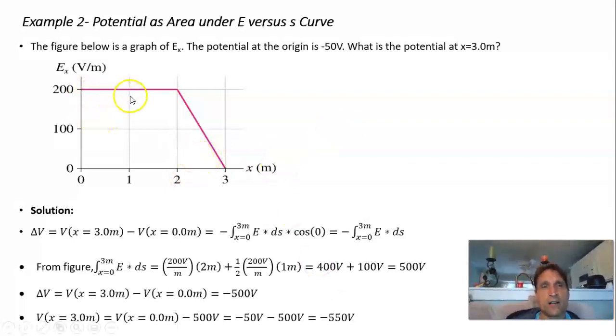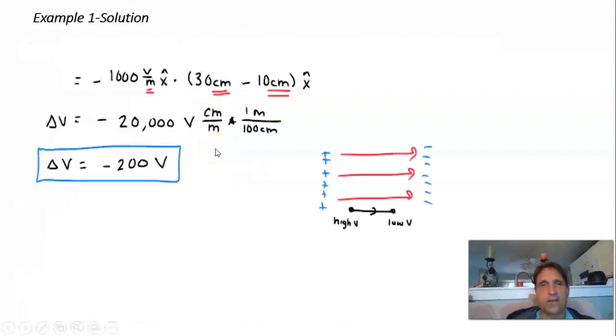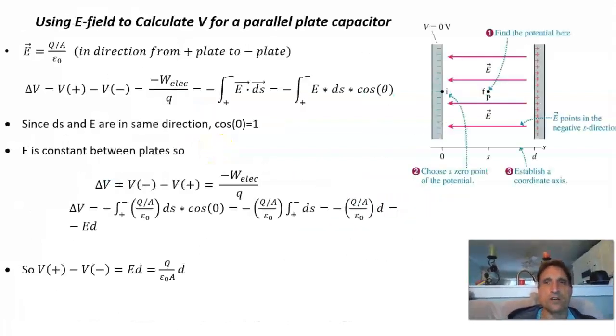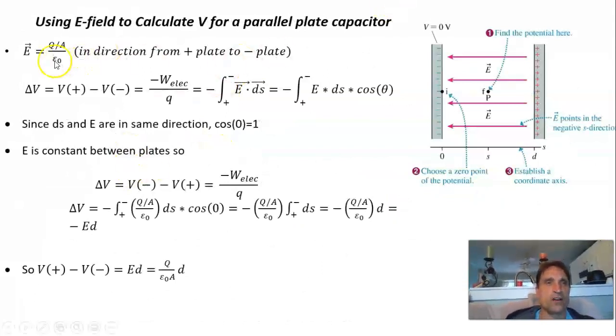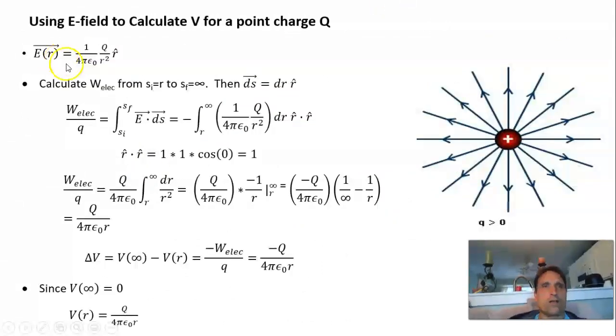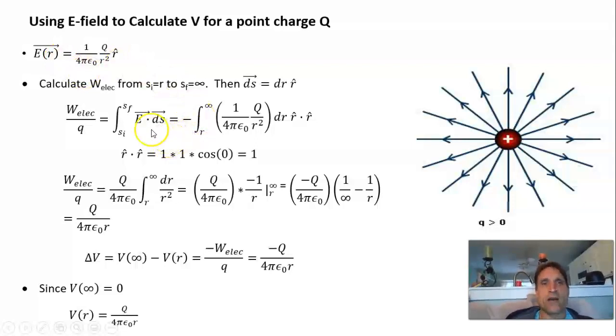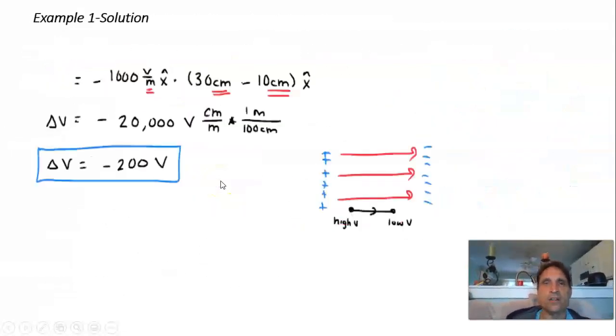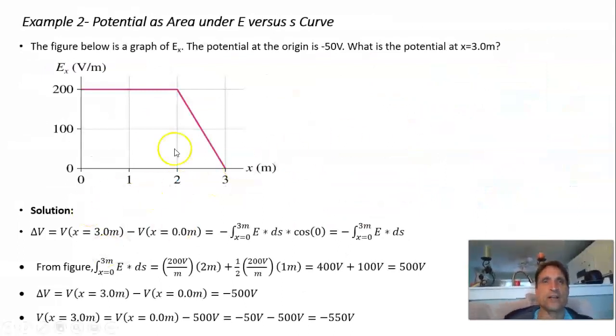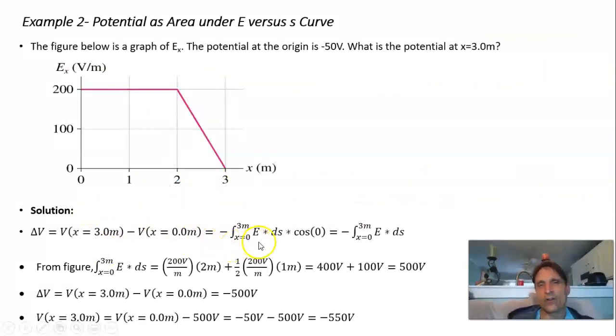Okay. So this is an example of how to calculate the potential difference or the potential if you're given the area under the curve of the electric field instead of a mathematical equation like we had up here for a parallel plate capacitor, or for a point charge we had mathematical equations that we plugged in. Sometimes you're not going to be given the equation, but you're going to be given a graph. And we can still, it's the same thing.